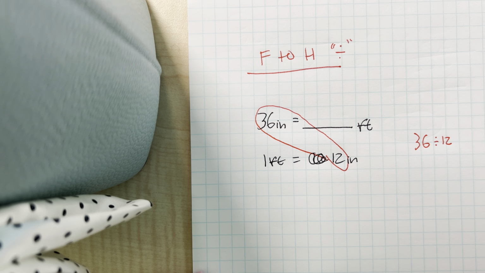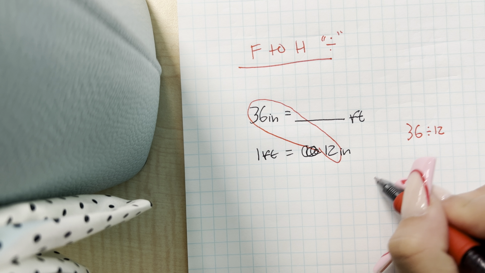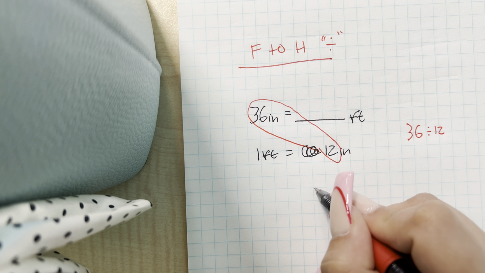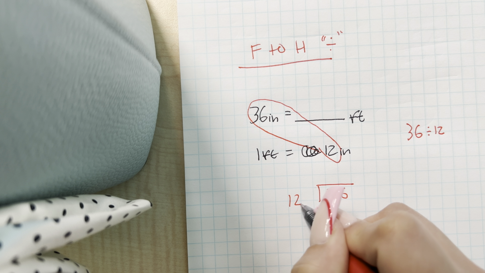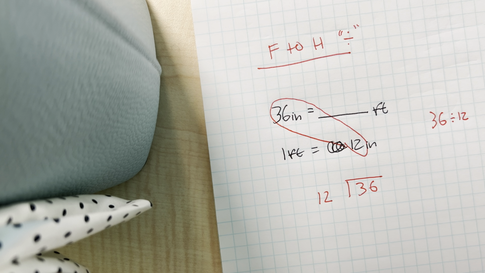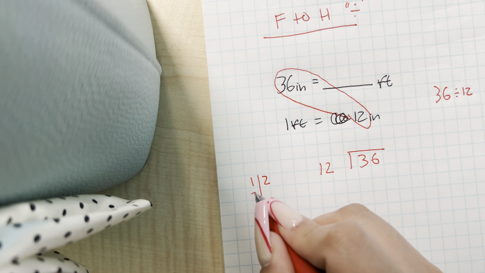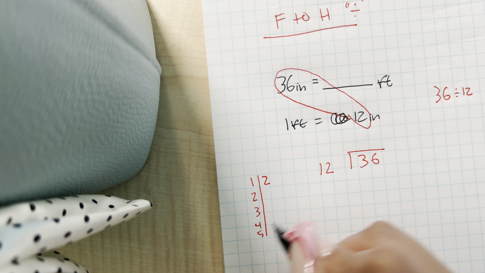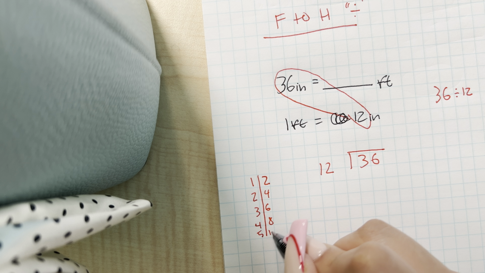This is a division fact, but if you're not sure, then go ahead and set it up. The first number in our expression is what's going to go inside, and then my 12. Remember, we can list our multiples of 12 right here because it is a larger number. I'm going to do my multiples of 1: 1, 2, 3, 4, 5. And then my multiples of 2: 2, 4, 6, 8, 10.